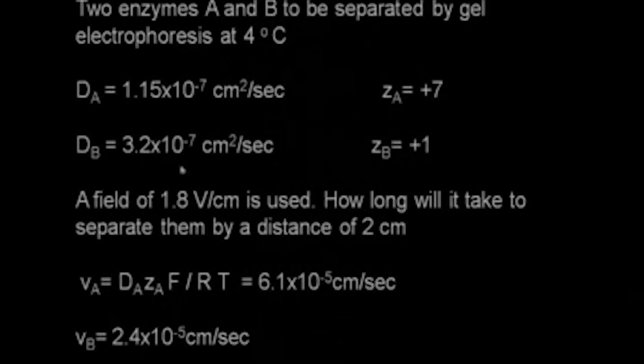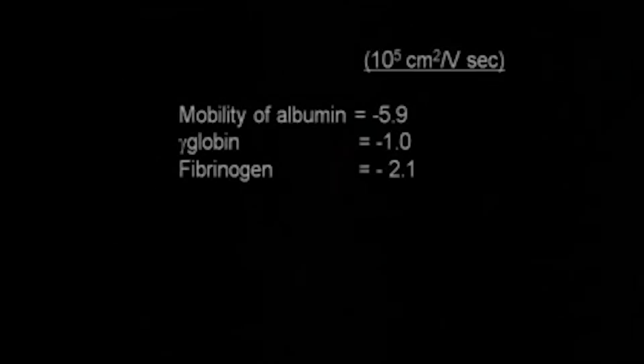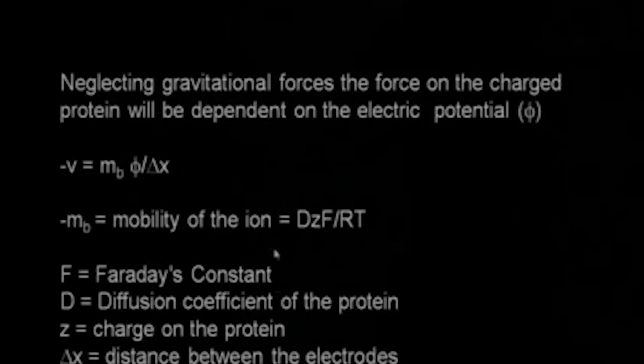Now this is how you calculate how long I should apply this particular electric field so that the proteins get separated by say 1 centimeter or 2 centimeter or 3 centimeter and so on, okay. So this very simple problem tells you how you separate out proteins in the electrophoresis system, okay.